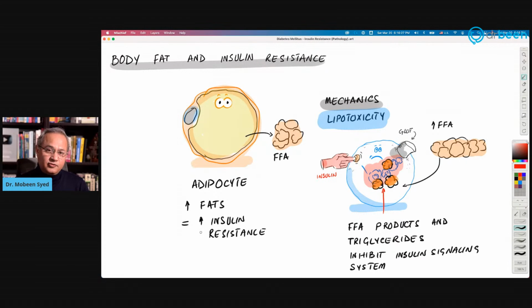The mechanism for insulin resistance. There are two mechanisms I'm going to describe now. Number one, how does the insulin resistance occur? And number two, why do beta cells die? So again, two things: peripheral tissue resistance and beta cell dysfunction. So I'm going to mix those two mechanisms together.